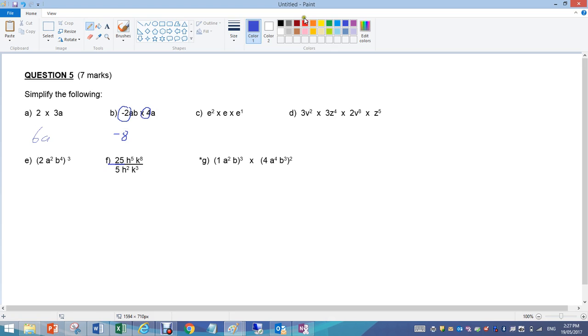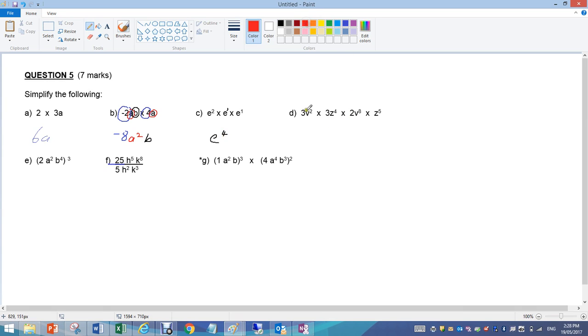Then we've got that a there, times this a here, that's a squared. And then lastly, you've got b sitting there, so it has to be included as well. B, that's the answer. Next one, e squared times e to the 1. So that's really got a 1 there, we don't see, so we're timesing, so we add all the powers together. So e is the base, and the powers are 2 plus 1 is 3 plus 1 is 4.